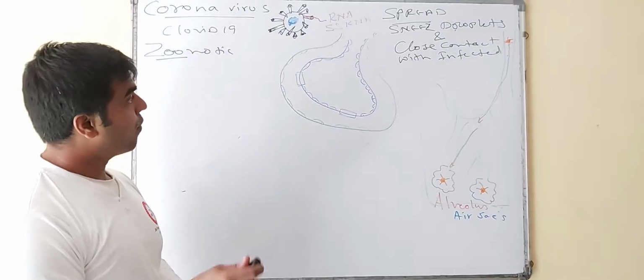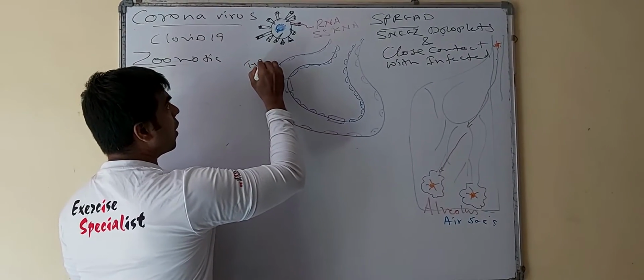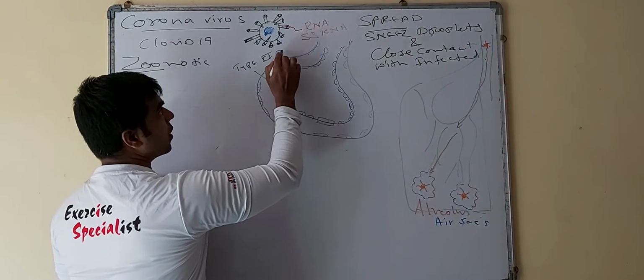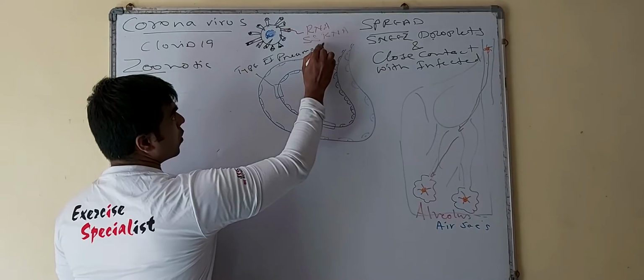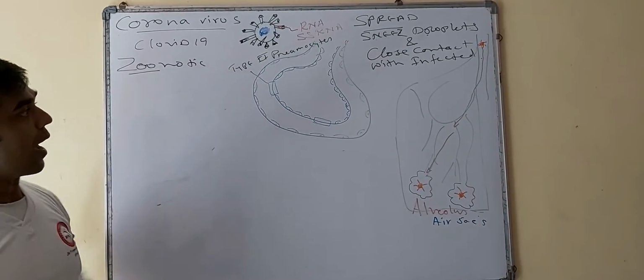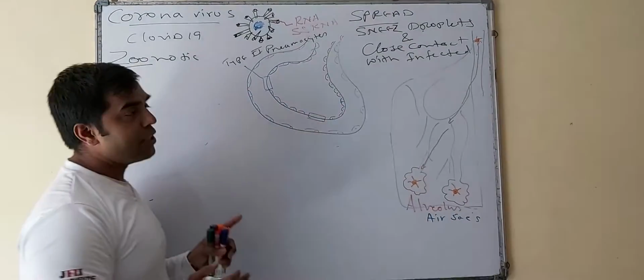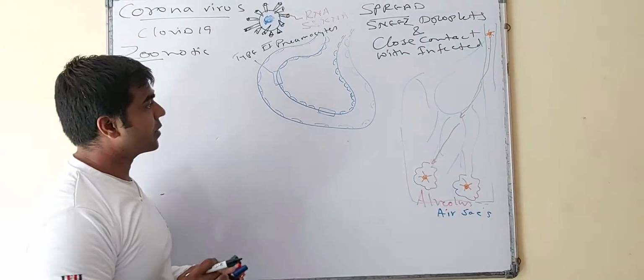These flat receptors are called type 2 pneumocytes. And these type 2 pneumocytes are responsible for maintaining the surface tension of the alveoli. It won't allow alveoli to collapse, right?